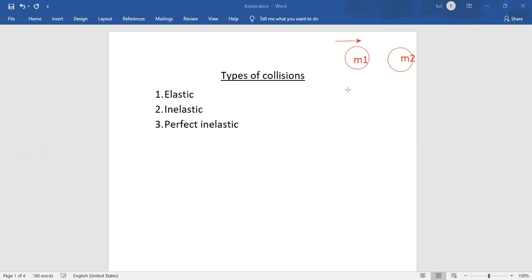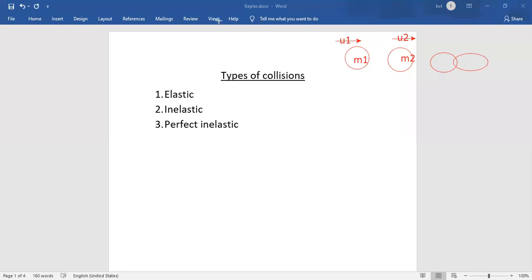They are moving with initial velocities: the first object has initial velocity u1, and the second has initial velocity u2. They collide, so they are in contact with each other.